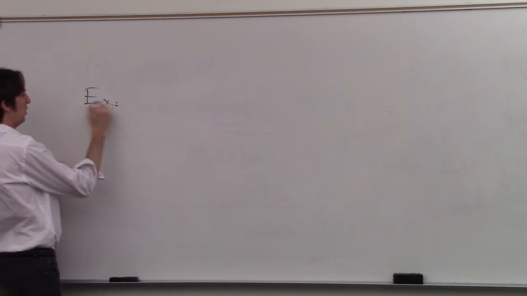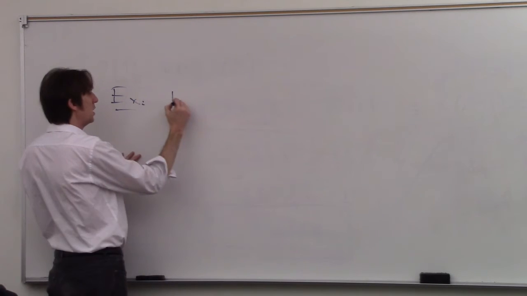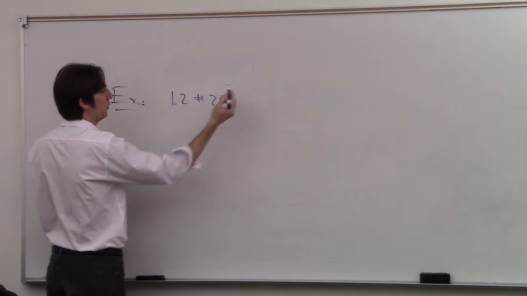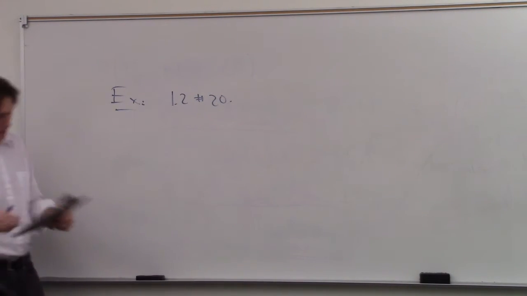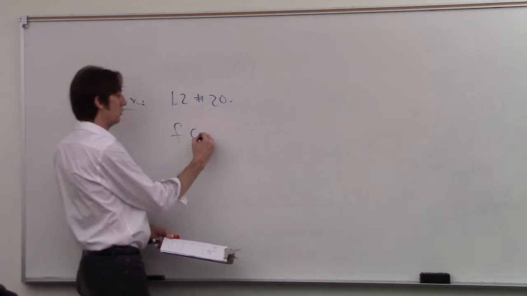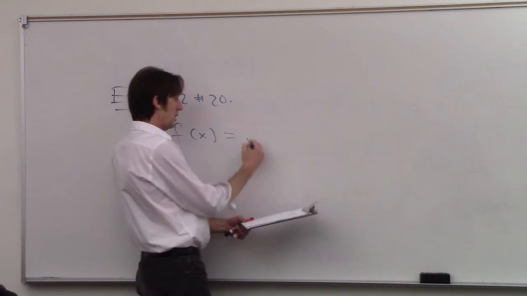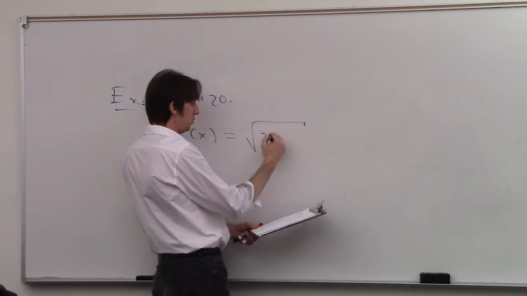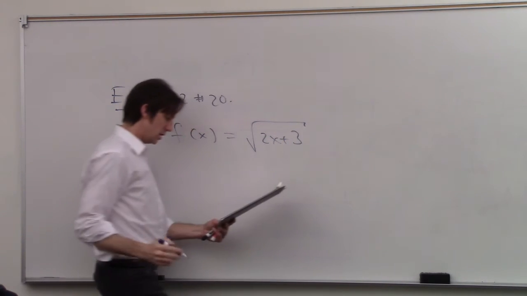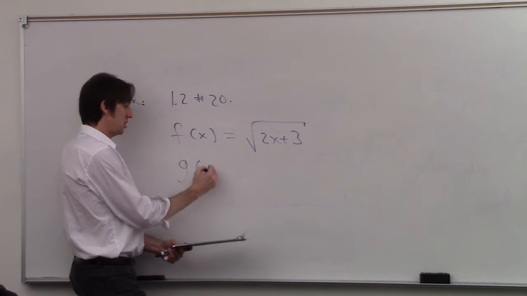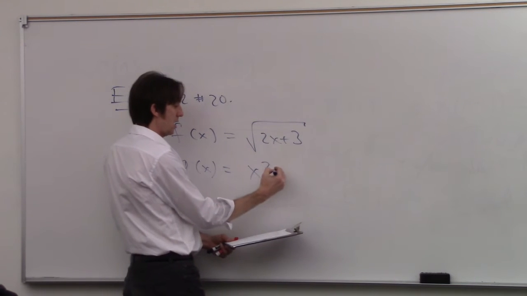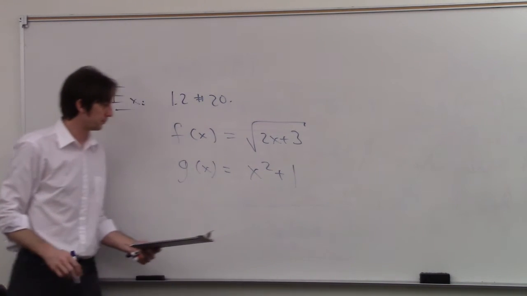This example, I think this is number 20 in section 1.2, similar to some homework that you have. We're told that a function f of x is given by the formula square root of 2x plus 3, and another function g of x is x squared plus 1.